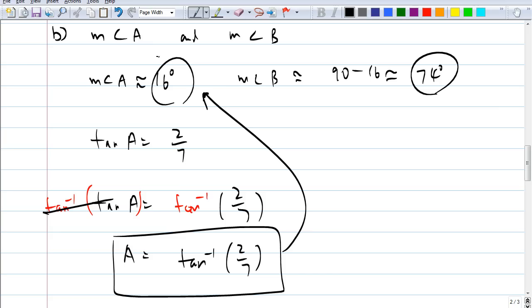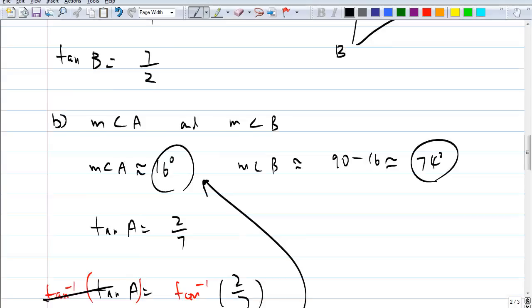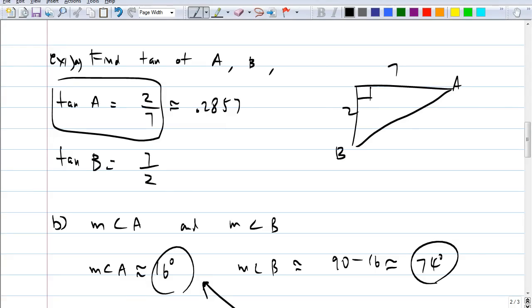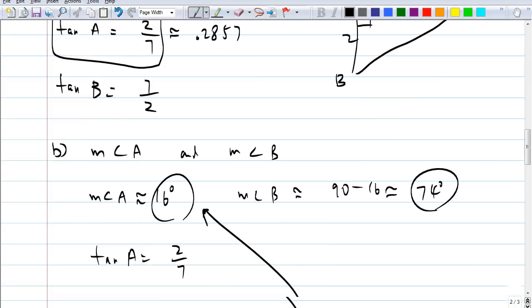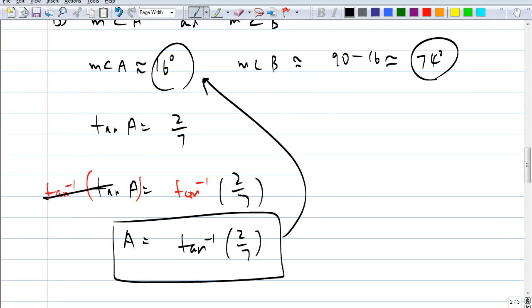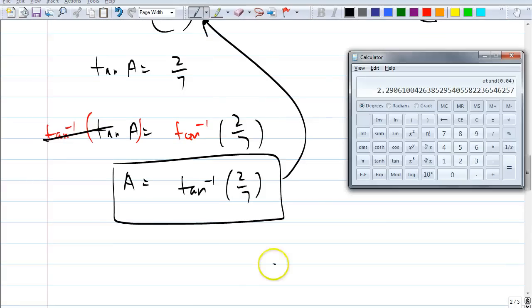Question? So for part 1 of this example, would we also have to find the exact answer? Yes, and the exact answer is just simply tangent A is equal to 2/7 like this. Would we also have to do the approximation? Oh no, unless they ask you for it. So if you have a calculator, why don't you punch this into your calculator? See what it comes out to. Here.